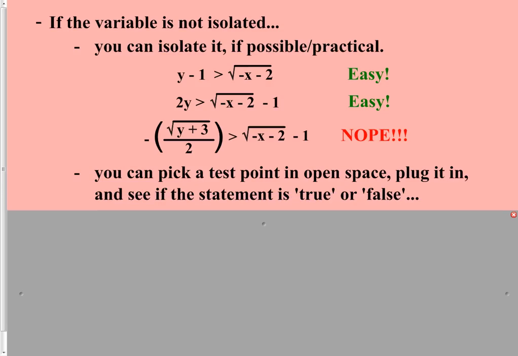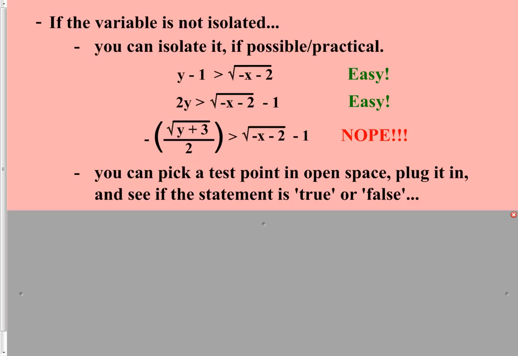Now if you have one that you cannot isolate, like that third option there, then here is kind of the fail-safe. You can pick a test point in open space, plug it in, and see if that makes the statement true or false. This is actually one of the mainstay methods, just like the plotting method is one of the ways that we tackle unknown equations.